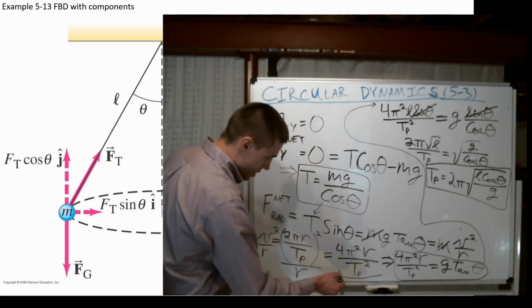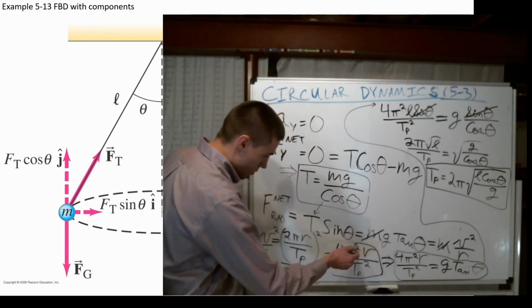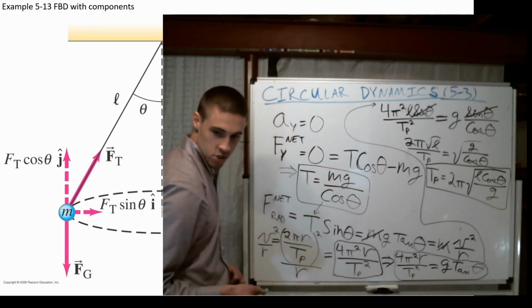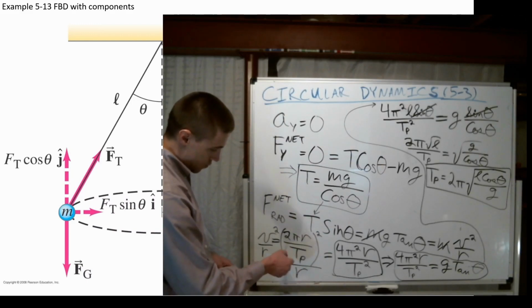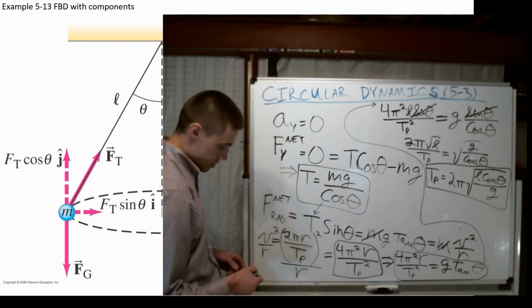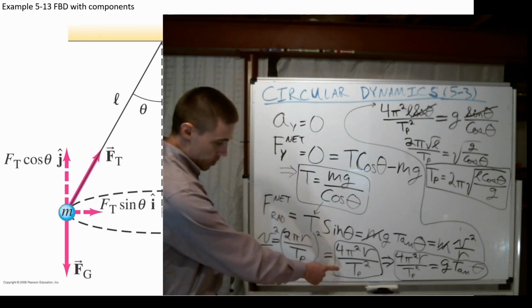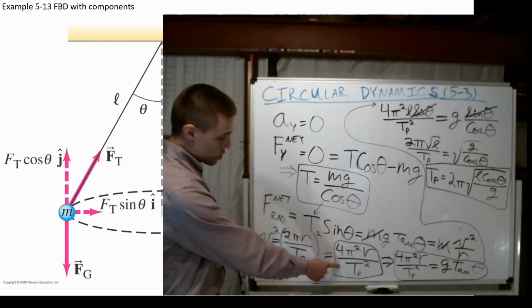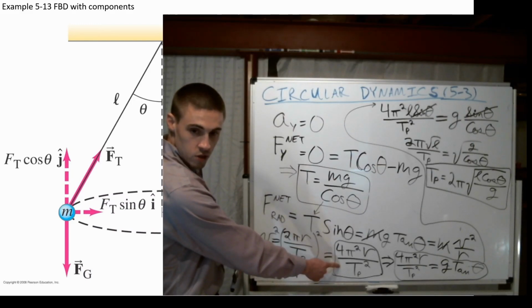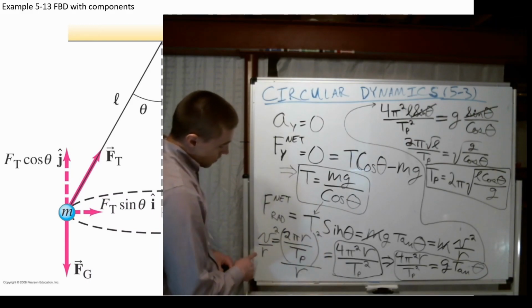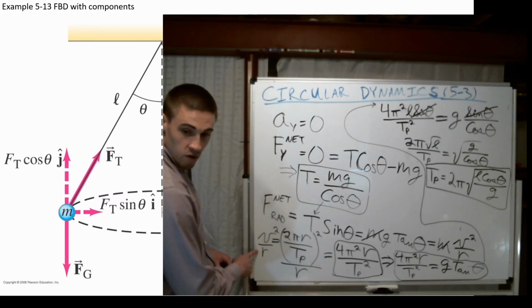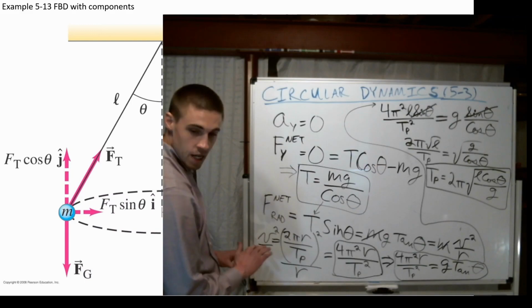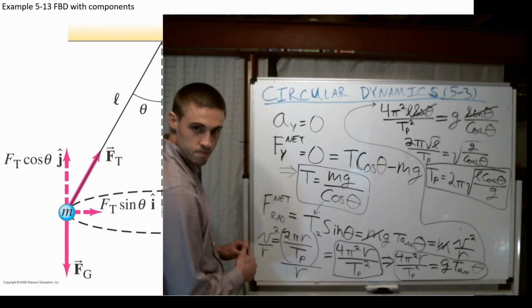This is a helpful thing that you might want to have written on your equation sheet so that you don't have to re-express this every single time. But do remember that this quantity would only be true in the case of uniform circular motion, and that the radial acceleration v squared over r is true in every case of circular motion. It doesn't have to be uniform.